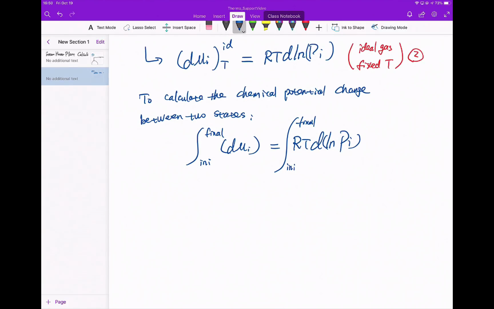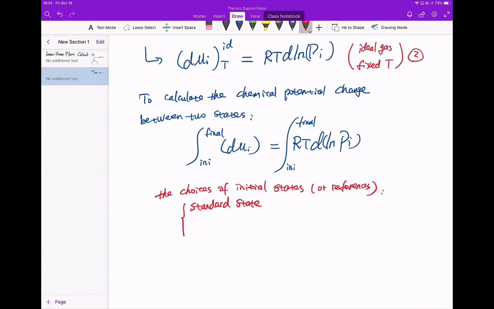We discussed, and I want to emphasize here, that for the initial, the choices of initial states, or we sometimes call this the reference, usually we choose one is standard state, one is ideal gas state.